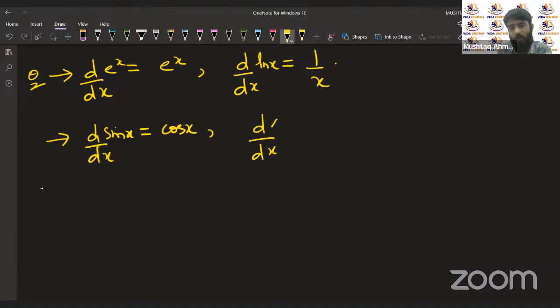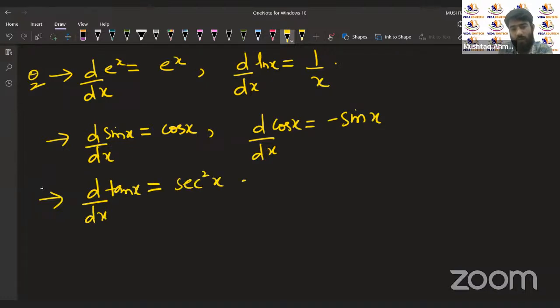And the derivative of cos x will be minus sine x. And similarly, if we find the derivative of tan x, it will be nothing but sec squared x. So we can calculate the derivatives of different functions. And these are some very important examples that we should know the derivatives of all these functions.